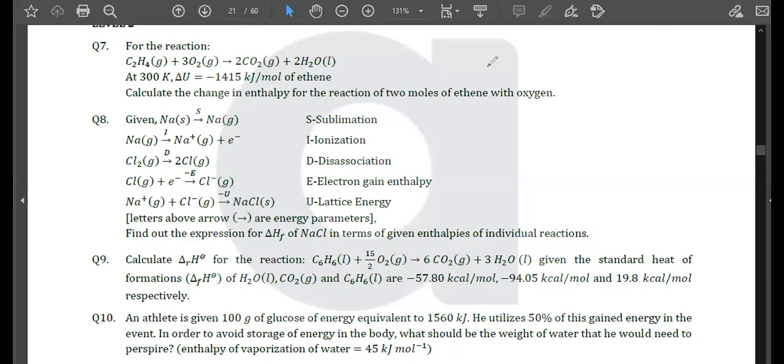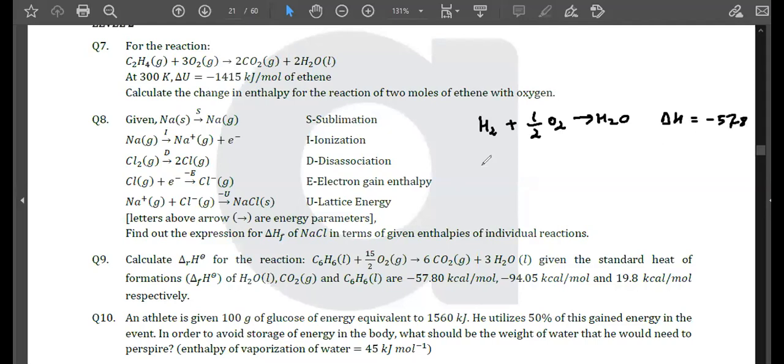So first of all, write down the reaction. Write down all the reactions, that's what I told you. First reaction, heat of formation of H2O: H2 plus half O2 gives H2O, step by step. Delta H is given. What is delta H? Minus 57.8.